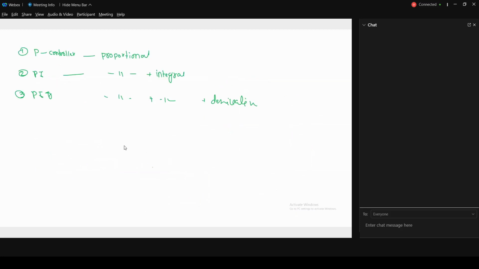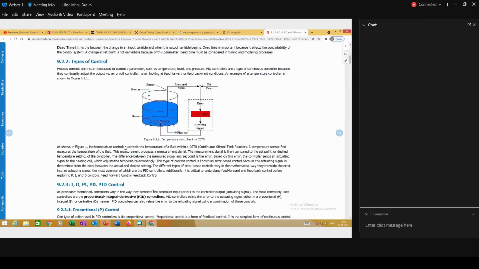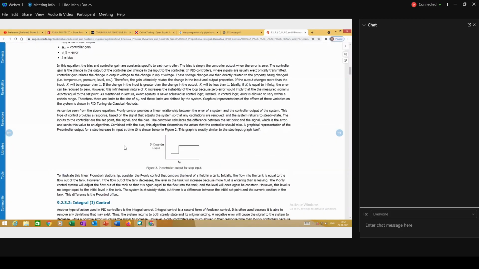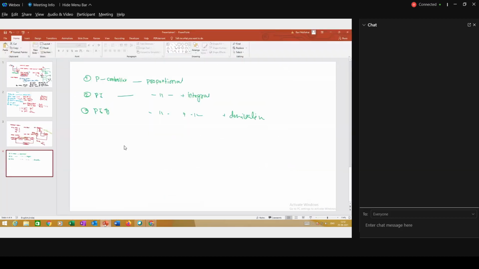Correct? So there are certain mathematical expressions for this, which I am going to explain to you. For example, the proportional controller.